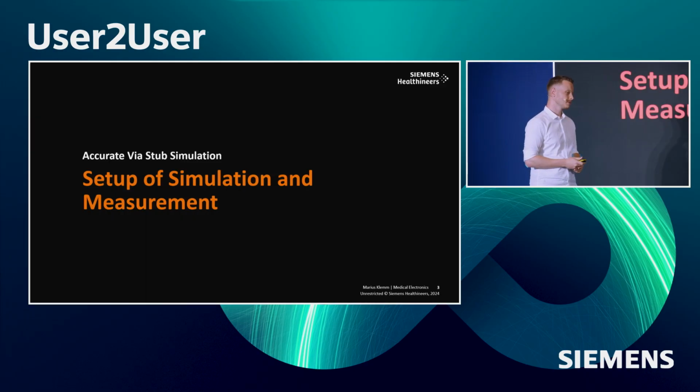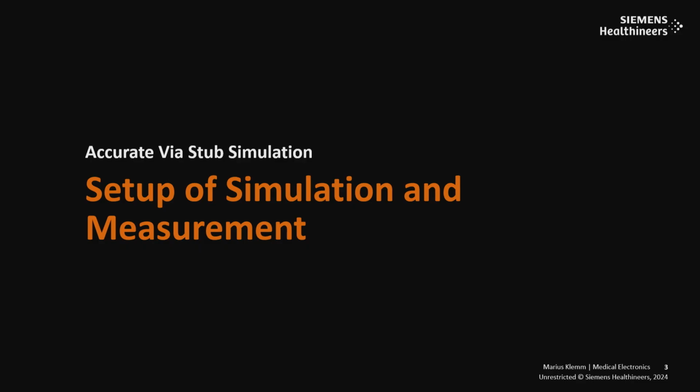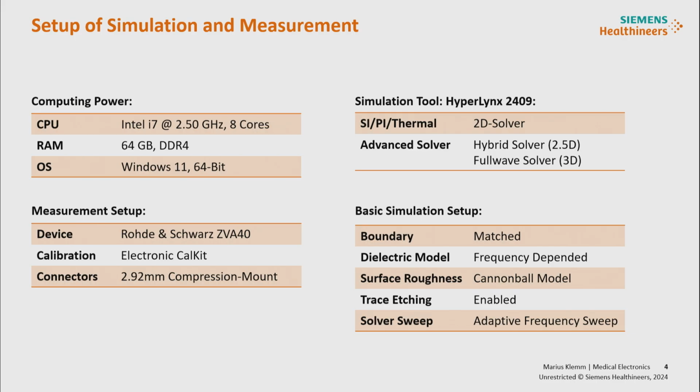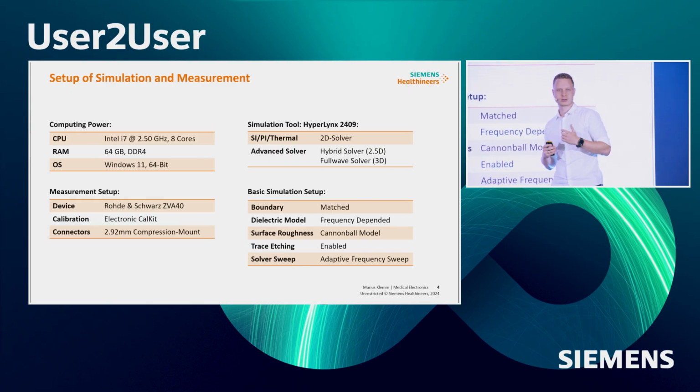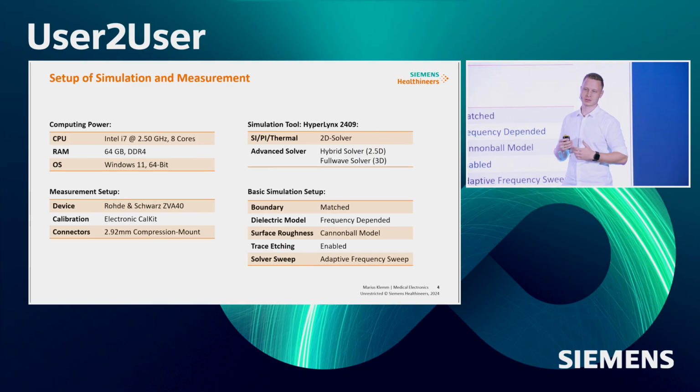Yeah. So first of all, before we start, what's my typical simulation and measurement setup? In the first place, I knew that I was going to optimize the meshing and the solving part, especially in the 3D area with the full-wave solver, which takes a lot of time. We wanted to use job distribution and also HPC, high performance computing.